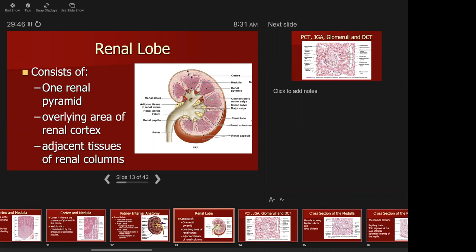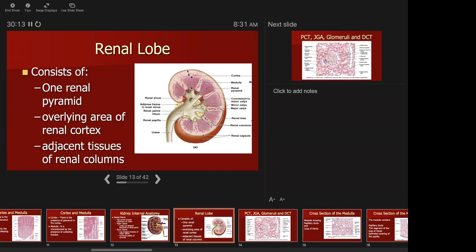If you want to define what is a lobe in the kidney, we take one pyramid. Look at here. In between pyramids we have cortical tissue, which is called renal medullary rays. You divide it into two. You take half of that tissue, add to this pyramid. You come to this one here, between this pyramid, again this is the index pyramid, the one we are talking about now.